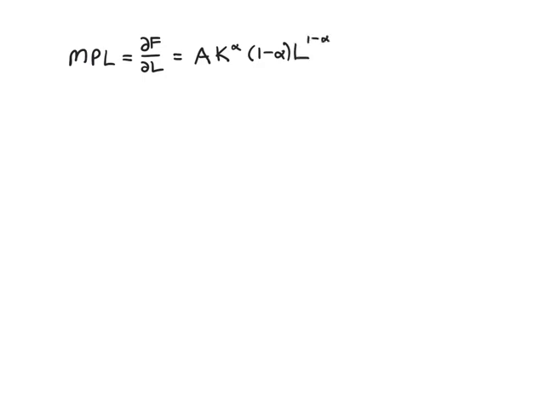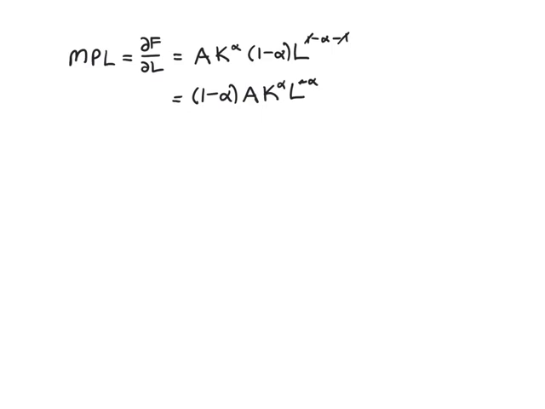So 1 minus alpha minus 1. We can do some simplifying here because there's a minus 1 and a 1, so this reduces to, well, actually, let's erase this. We'll put the 1 minus alpha part up front, and then we'll have A, K to the alpha, L to the minus alpha.